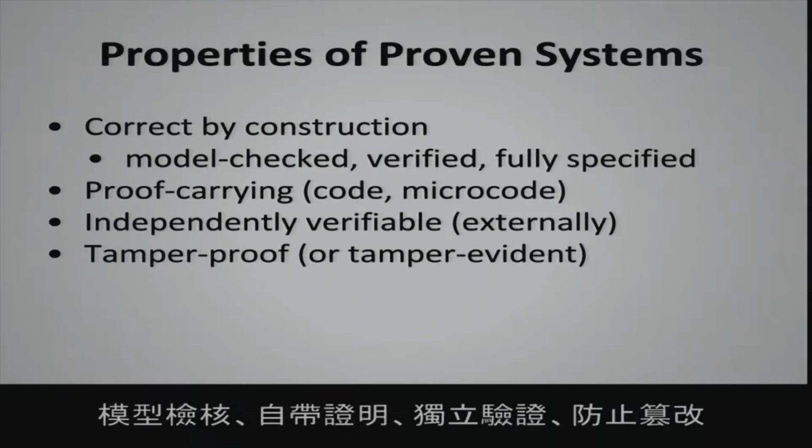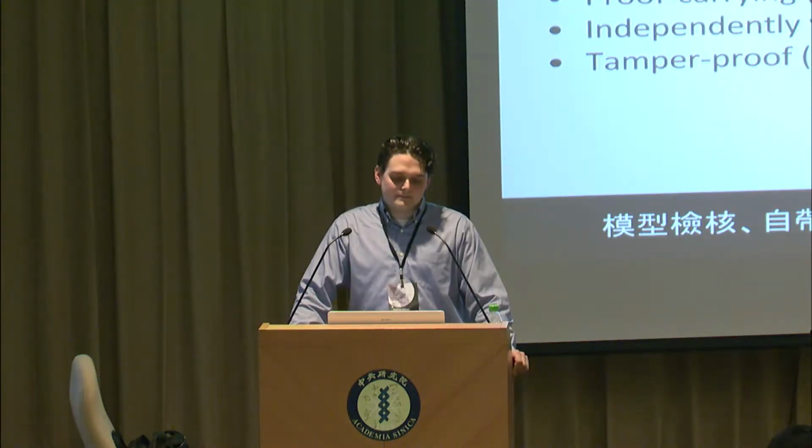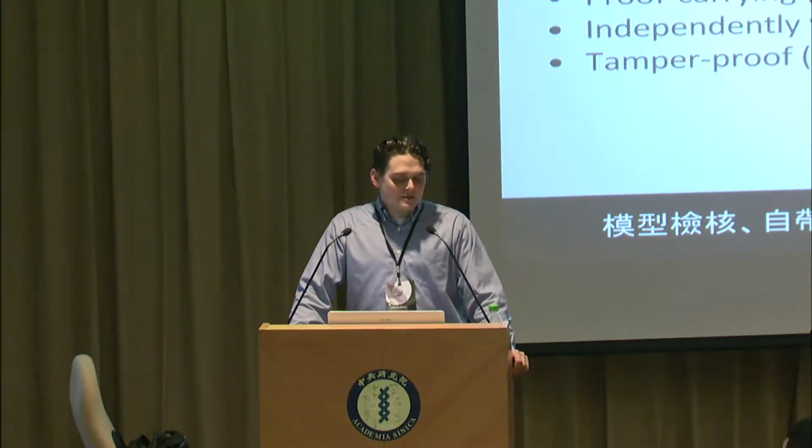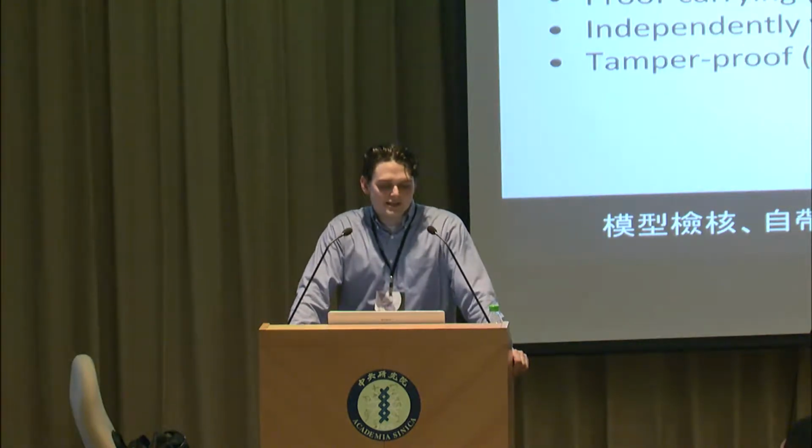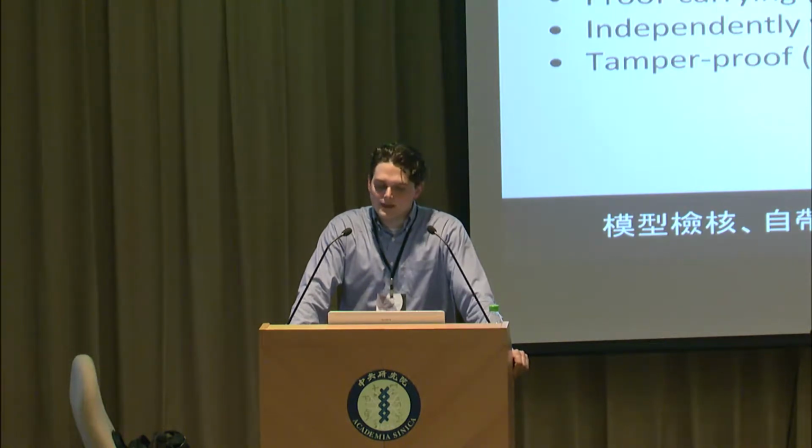Here are some of the properties of systems that are reliable and assured and proven. We can make statements about software to say they are correct by construction to certain properties, to certain models. We can verify their correctness if they're fully specified. Well, to the degree that they're specified and we understand their model.